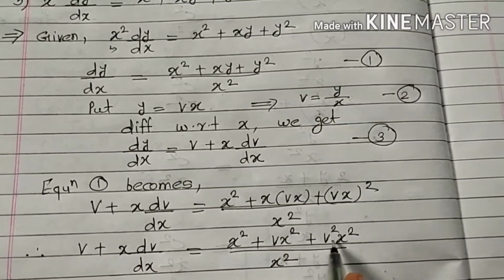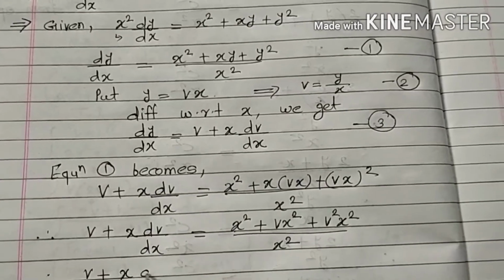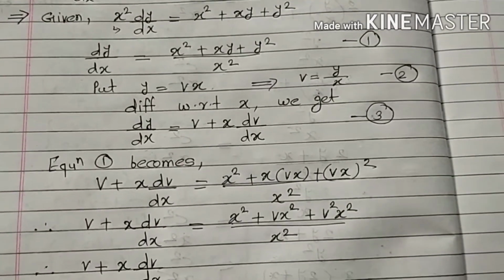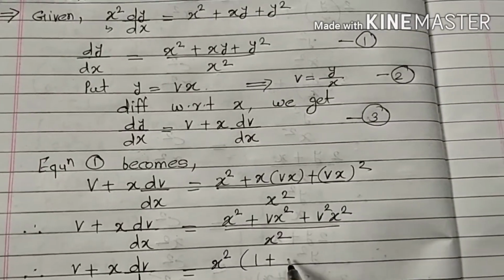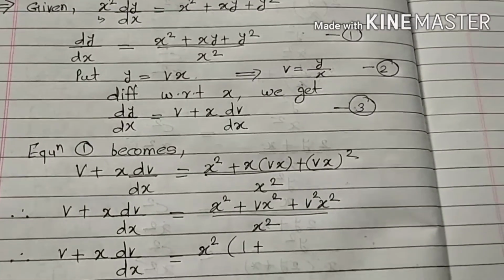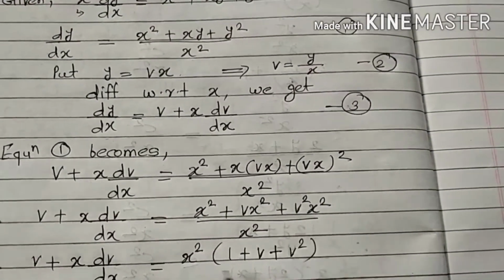Now take x square common. So our next step is one plus v square.